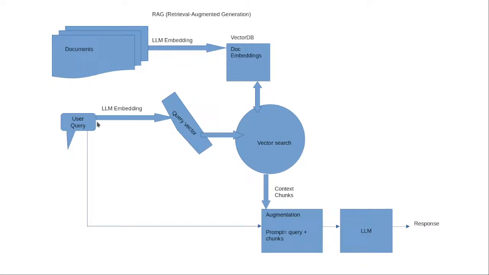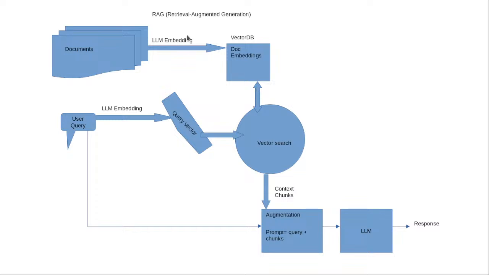Whenever the user enters a query, we have to create an embedding for the query also. Then only can we do the vector search, right? If the document data is in embeddings, the search query also should be in embeddings, created with the same embedding model.